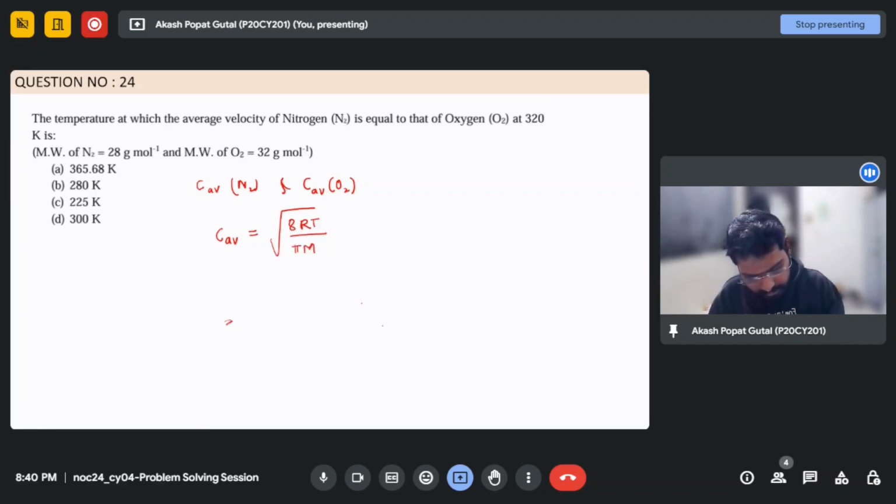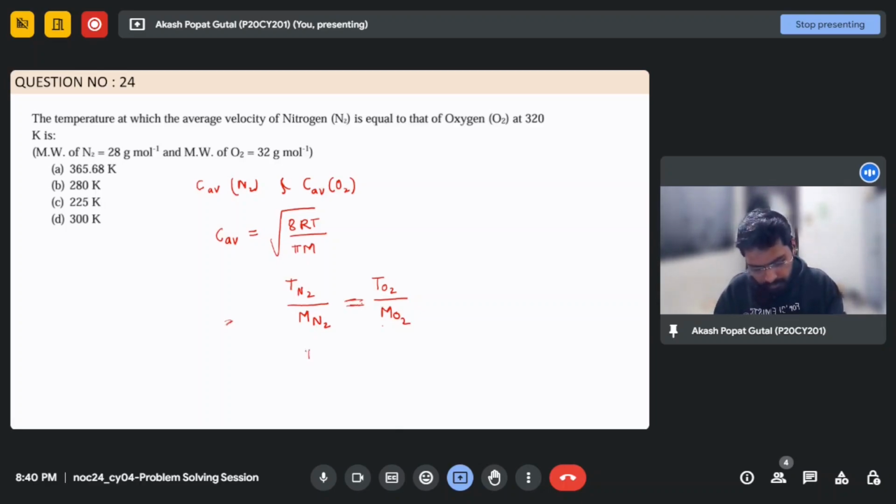So we need to compare these two. We know the temperatures and masses. So temperature of N2 divided by mass of N2 is equal to temperature of O2 divided by mass of O2; according to the given problem, the condition is they should be equal.